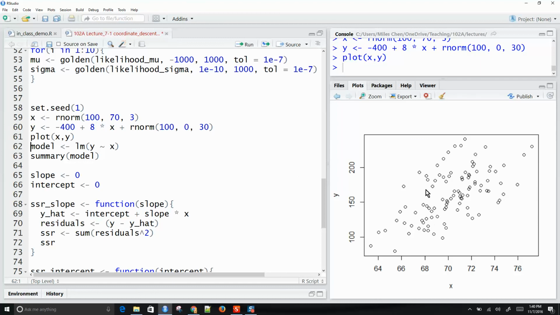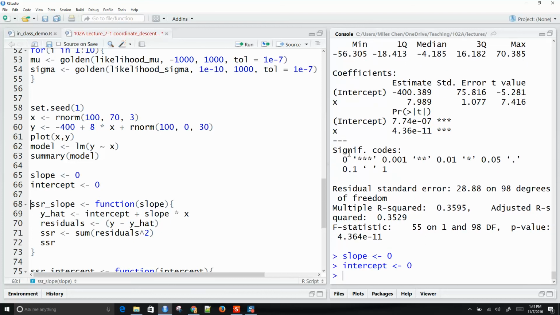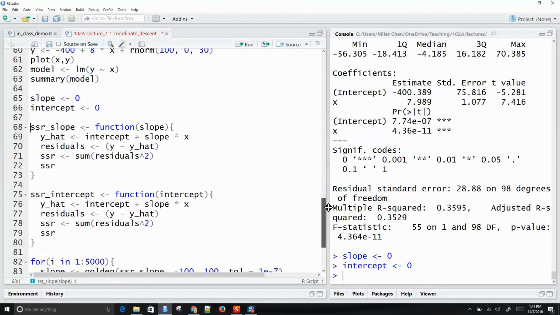So linear model in R will do this very quickly, and we can see that the slope and the intercept that are going to minimize the sum of squares residuals will be this and this. Okay, which aligns with what we used to generate our data here. Okay, so if we think about what the sum of squares residuals is, we're going to find values of y hat.